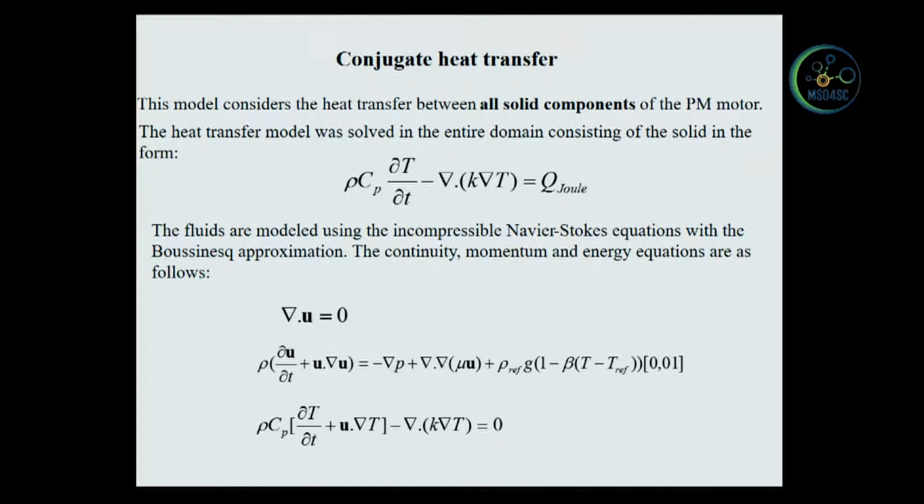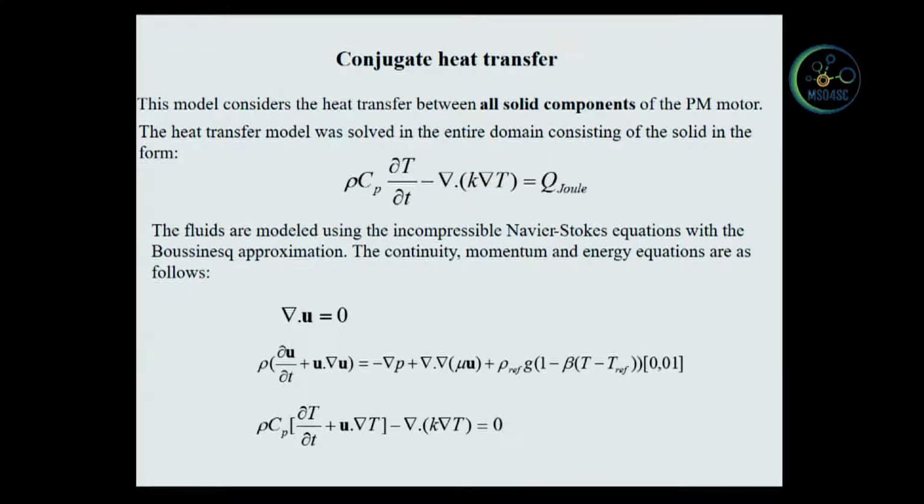Now, conjugate heat transfer. I give here the equations because for FAIR++ we need to start from the model. Here we have, in the solid part, the temperature has to satisfy this equation, and the second member of this equation comes from the electrical losses.